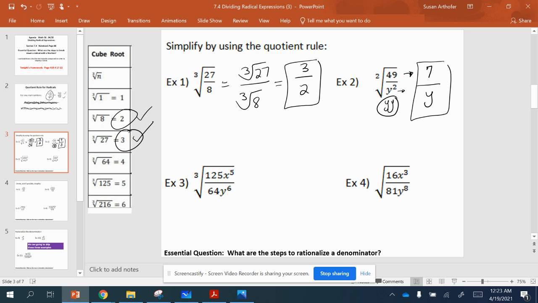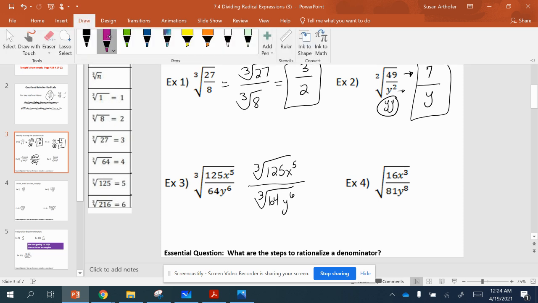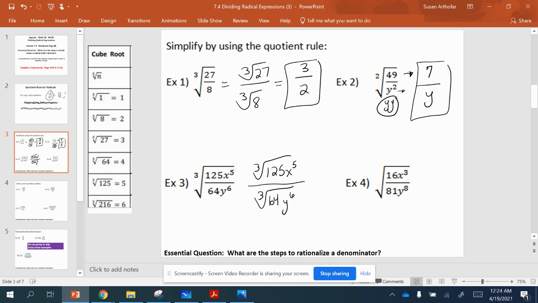Okay, moving on. Cubed root of 125 x to the 5th over cubed root of 64 y to the 6th. Let's do the cubed root of 125.